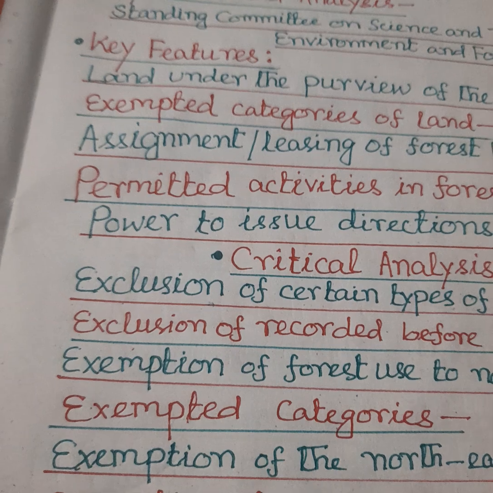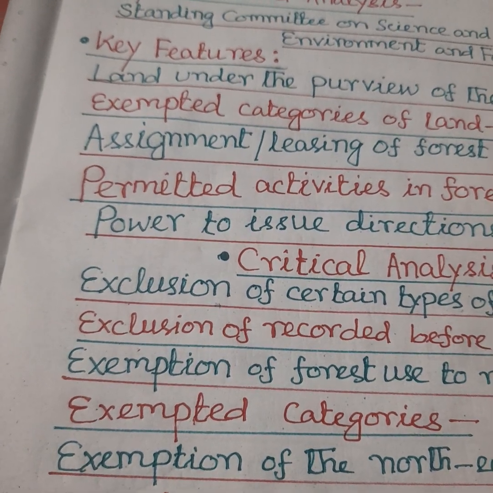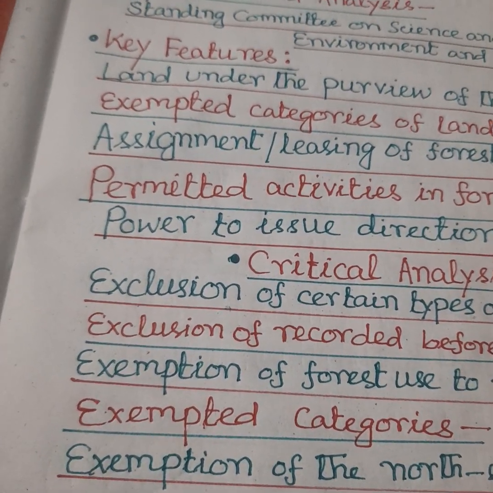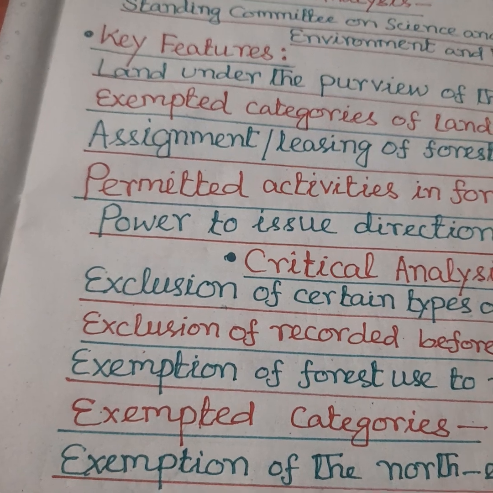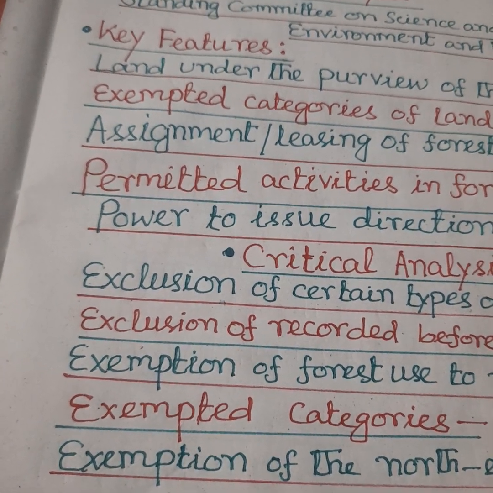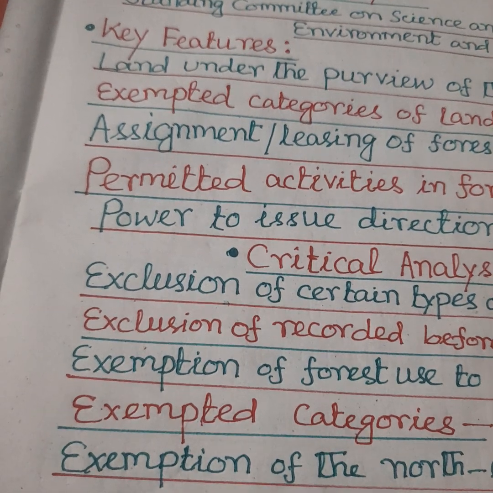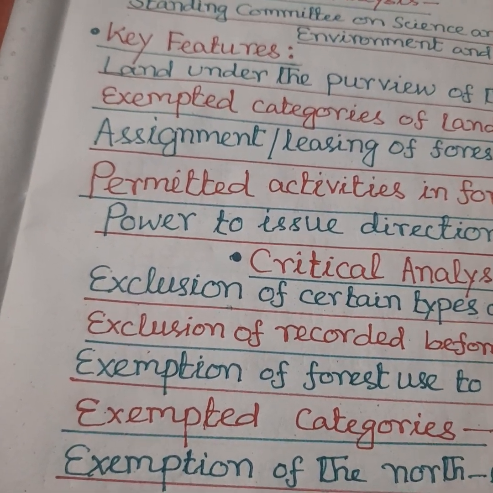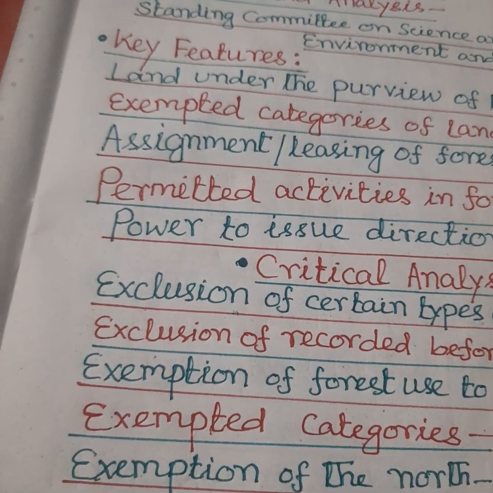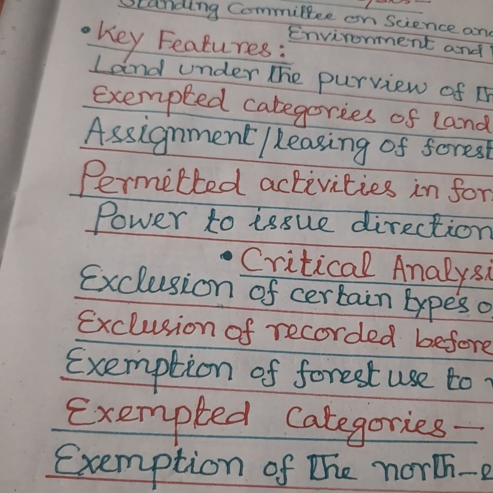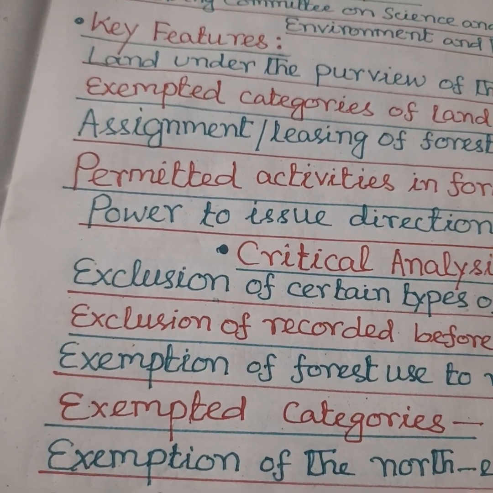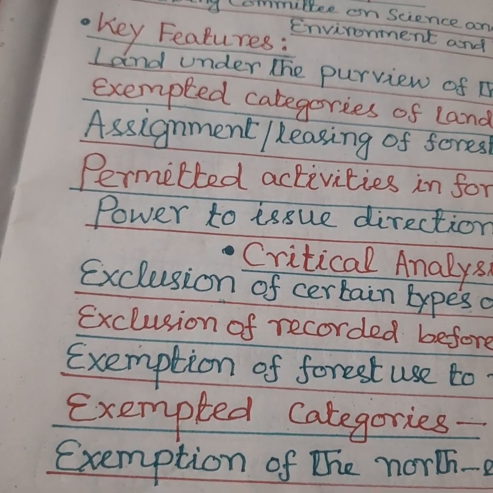So it provides appeal to the National Green Tribunal to any person aggrieved by an order or decision of the state government or any other authority. So also the Act provides constitution of an advisory committee to advise the central government on matters connected with the conservation of forest.